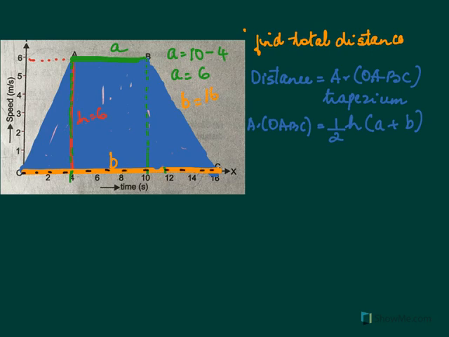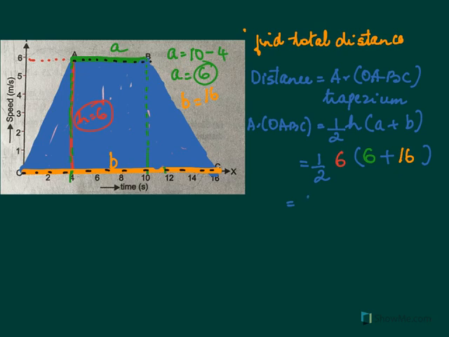So we have half. We saw our h was here, that is 6. Then we had a, which we found to be 6. a was this part. It was 10 minus 4, and that is 6, plus b. Our b was here, 16.